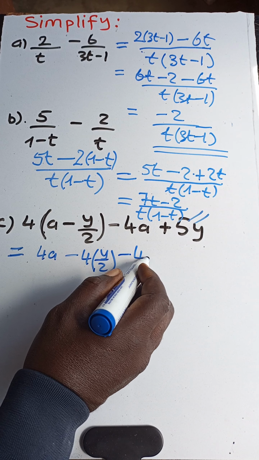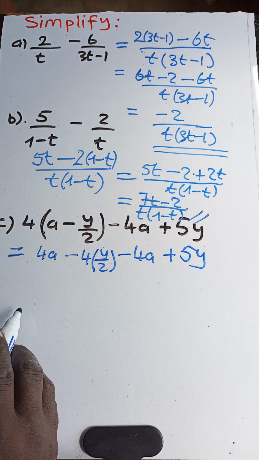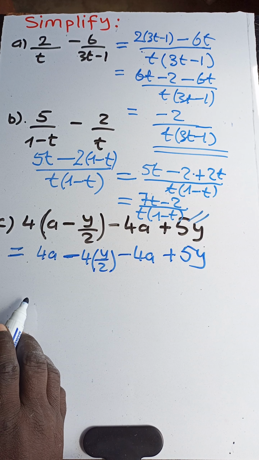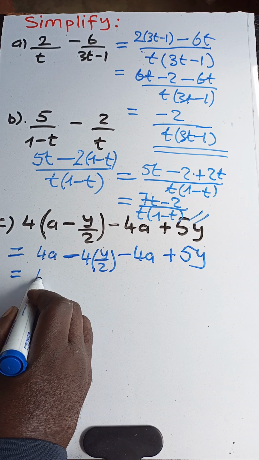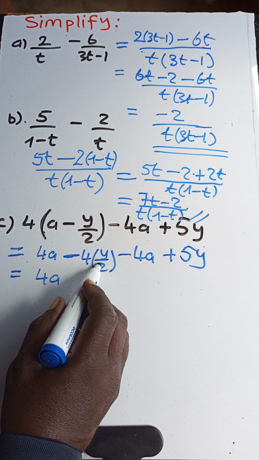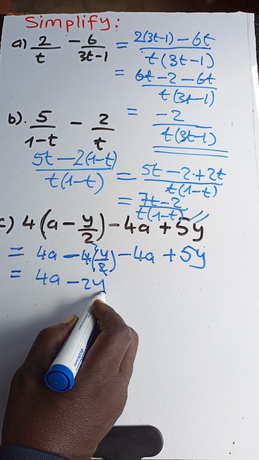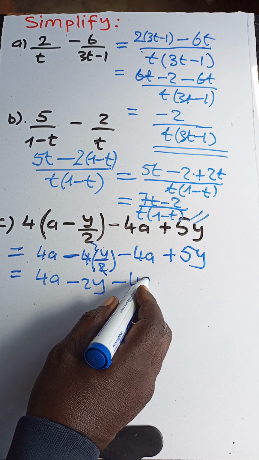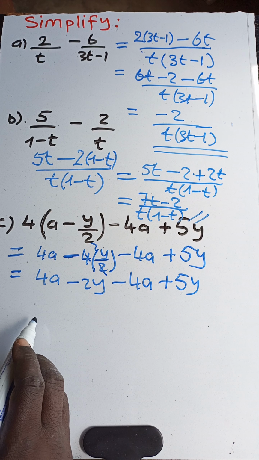Then minus 4a plus 5y. Okay. So we have 4a, this 2 here, 1, 2 there, 2. So it becomes negative 2y minus 4a plus 5y.